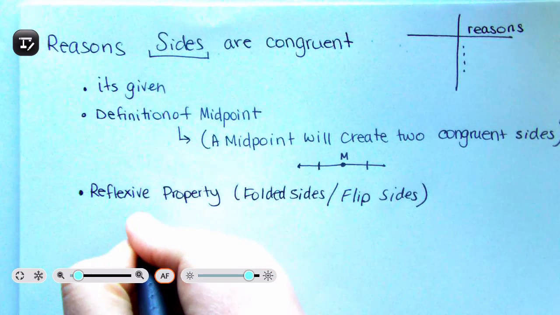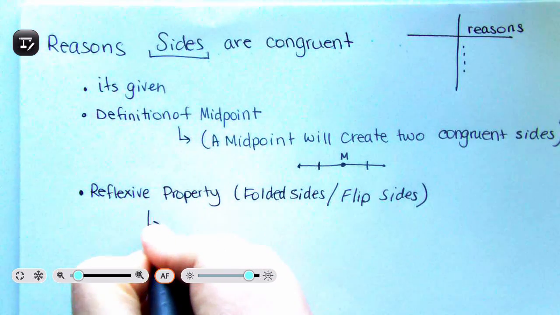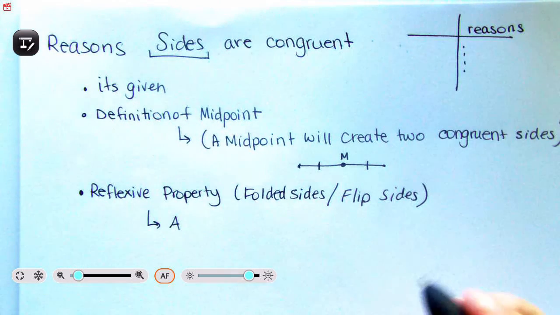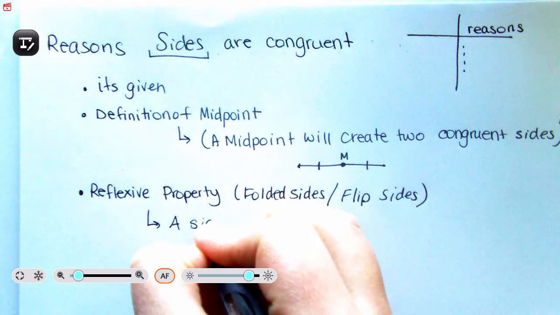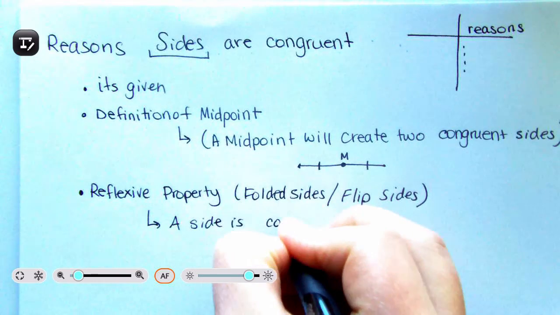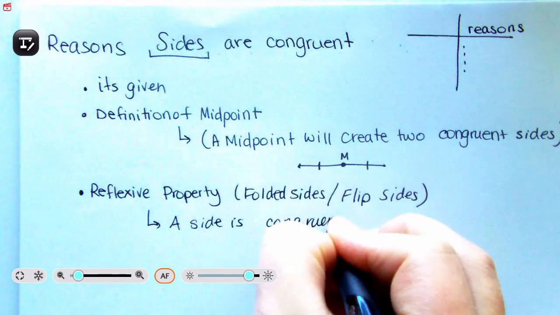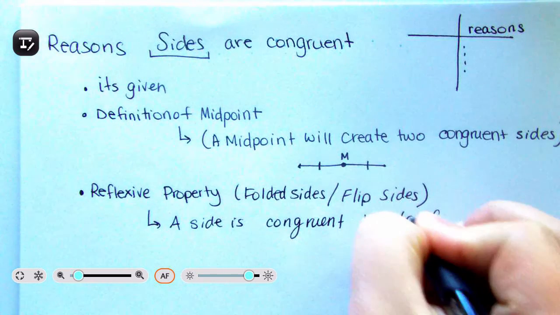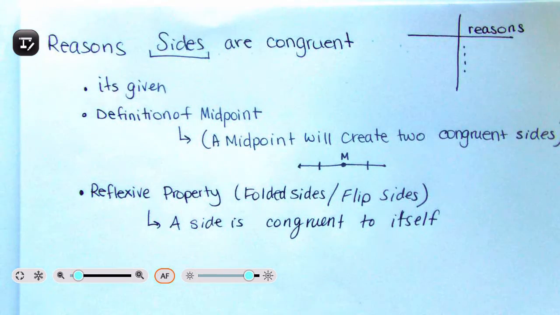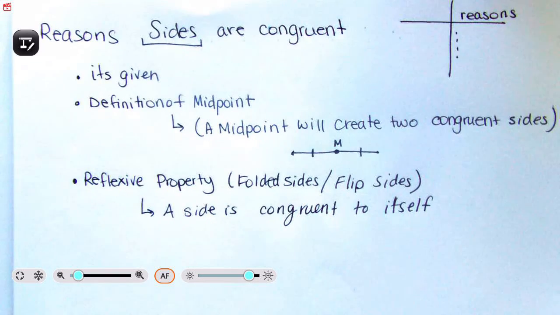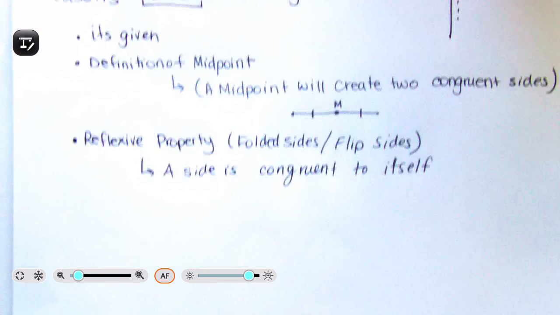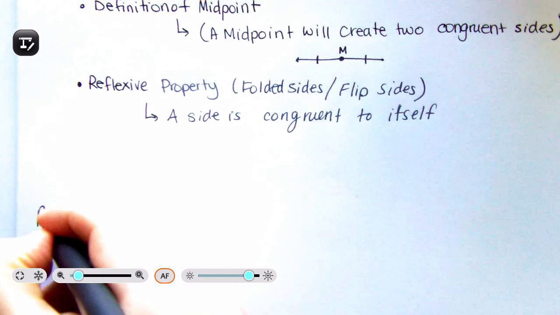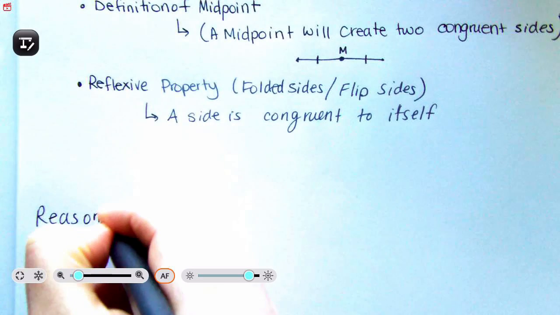Okay, what that means is it's the same line twice. So those are your reasons for sides to be congruent. Now, your reasons for angles.